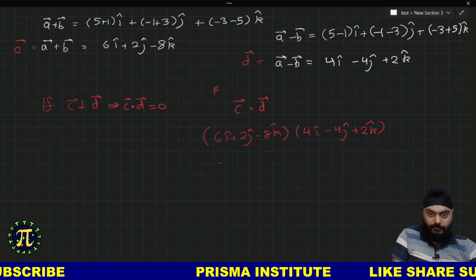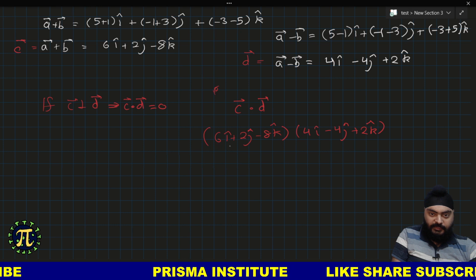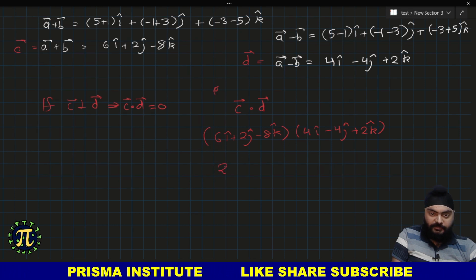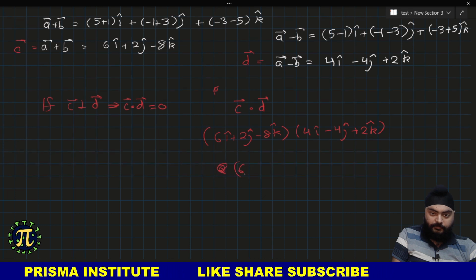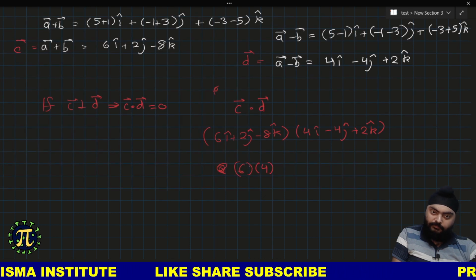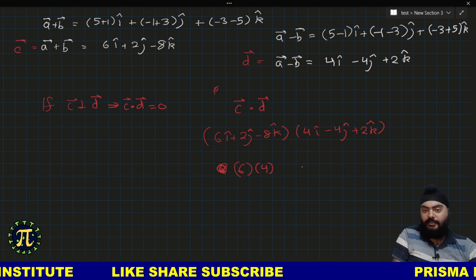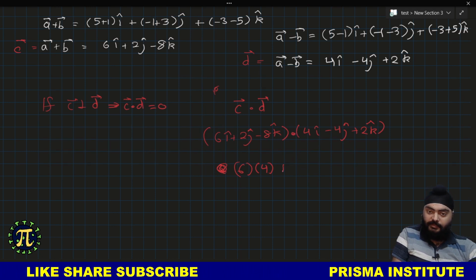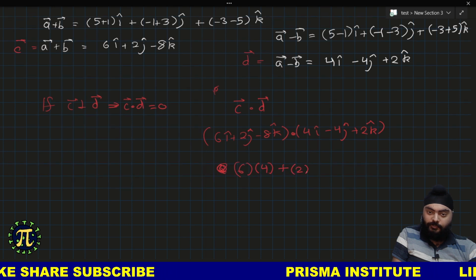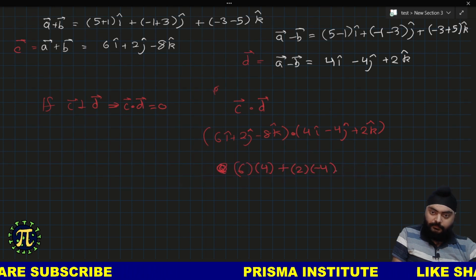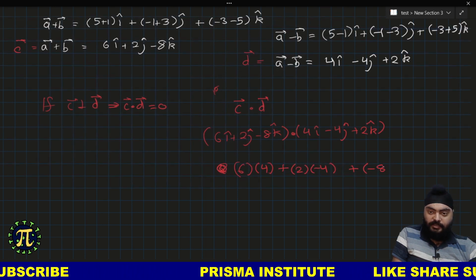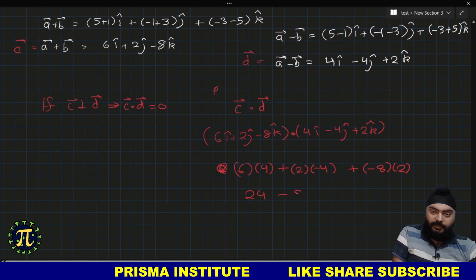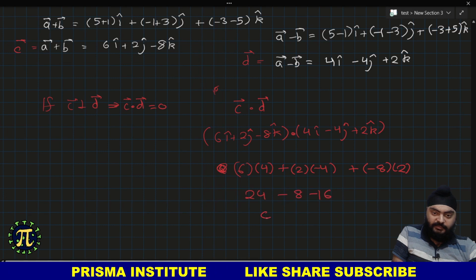So this is i का component x का x के साथ, so 24 आ रहा है, 6 into 4, and no i cap, right, because this is scalar product, i cap will go because i dot i किसके equal होता है, 1 के equal होता है, right. ठीक है, j y का y के साथ, तो 2 into -4 plus -8 into 2, this is 24 minus 8 minus 16, answer is 0.